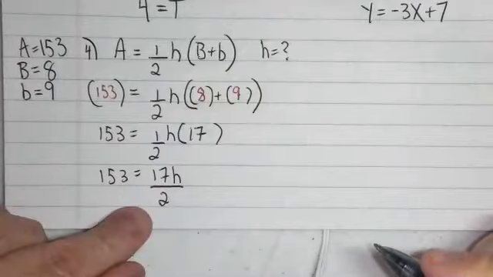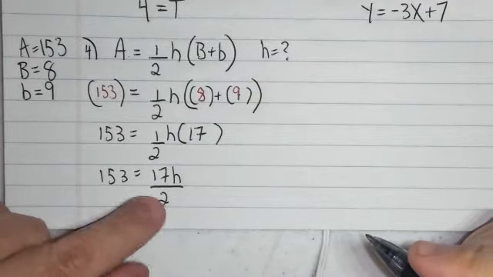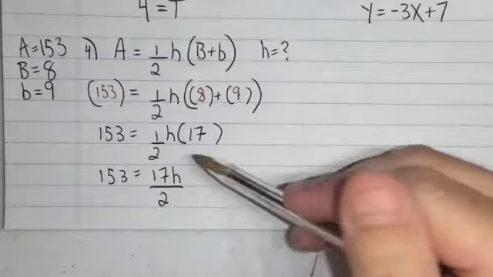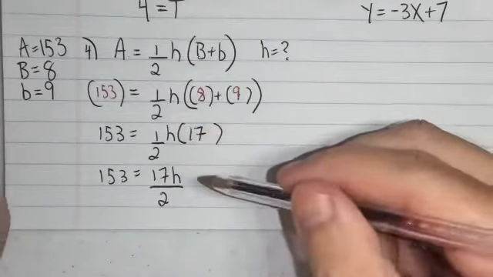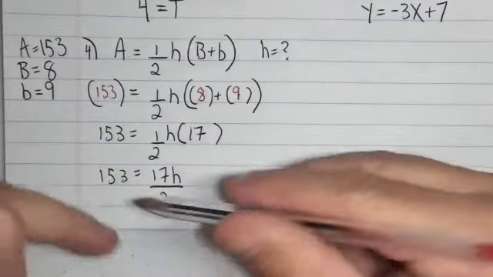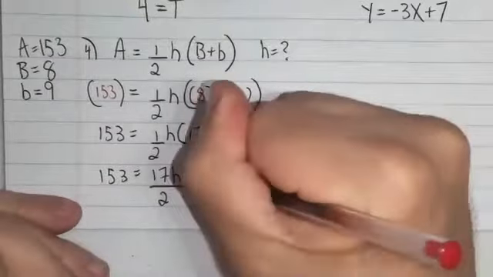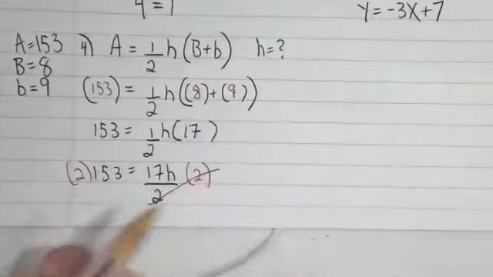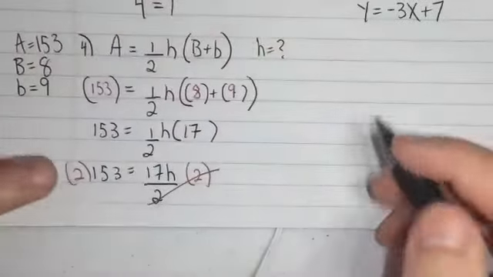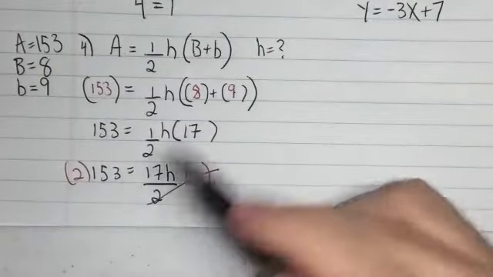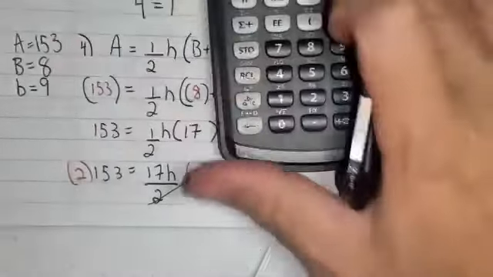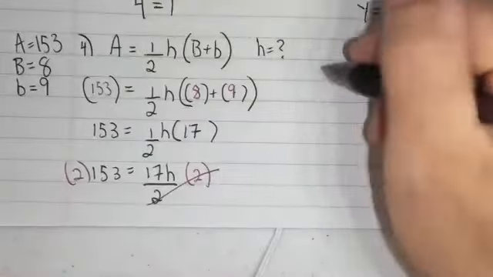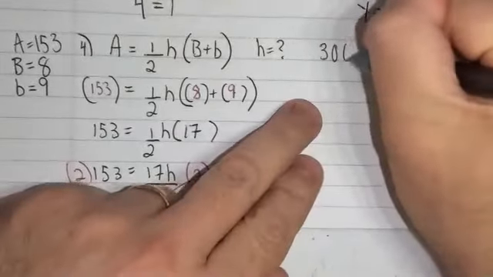And that is being divided by 2. So at that point, we want to get rid of that divided by 2. You can multiply by the inverse; if I multiply both sides by 2 over 17, I can do that too. I'm just going to do it a little bit differently, one step at a time. So I'm going to eliminate the 2 first. Then what's 2 times 153? Calculator.